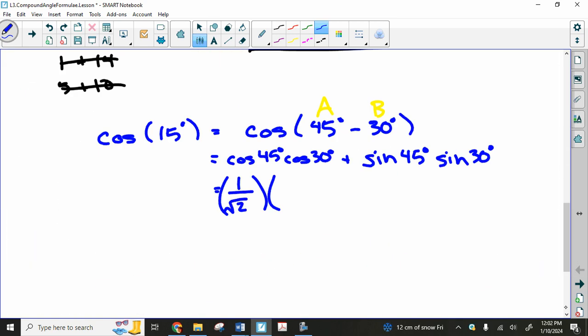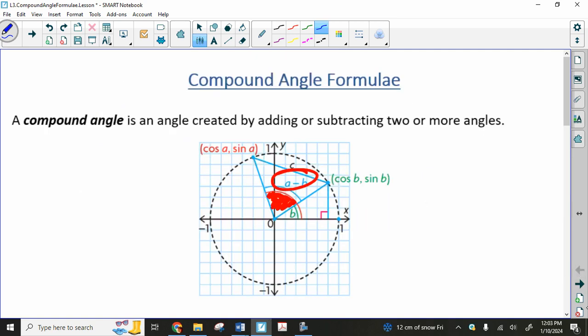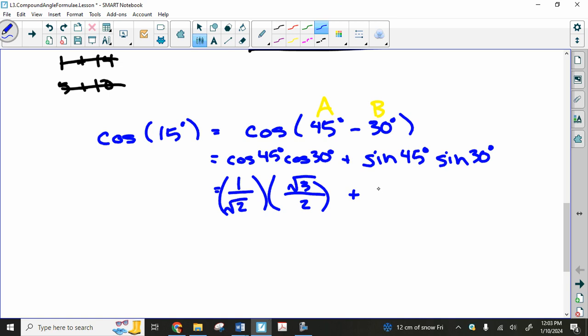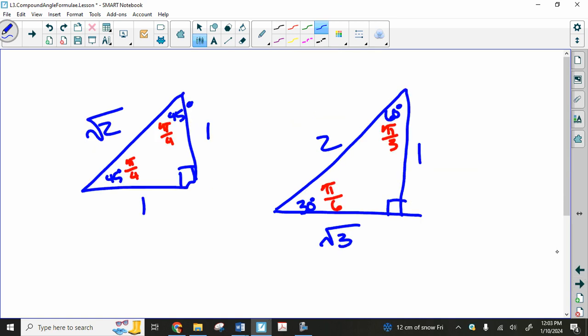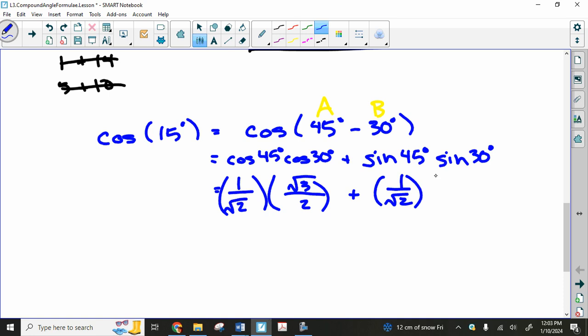So root 3 over 2. Then we can do some math. Plus sine of 45 is opposite over hypotenuse, 1 over root 2. And sine of 30 is opposite over hypotenuse, which is 1 over 2.